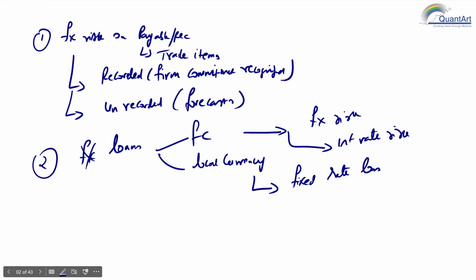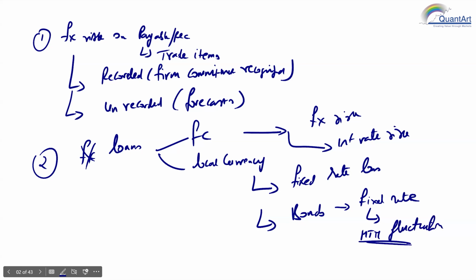I should not be classifying it as a loan, but I don't want to write a separate category, so I'll also say bonds, investments, fixed rate bond issuances like NCDs, and so on. In bonds, typically it is a fixed rate, which means you have bond price movement, so MTM fluctuations. These are the typical FX and interest rate risks that you carry as a company.